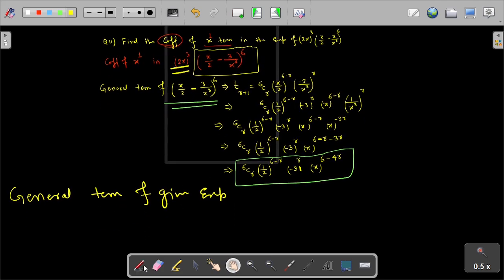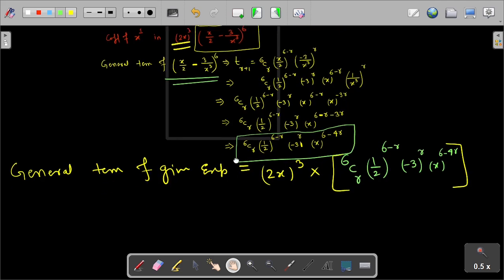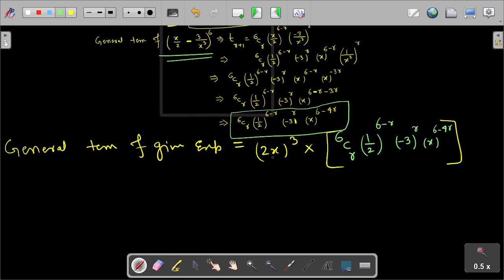So for the general term of this complete expression, you have to simply multiply this with the above general expression. It will get multiplied in each and every term. So the above expression is 6Cr (1/2) raised to power 6 minus r, (-3) raised to power r, and it is x raised to power 6 minus 4r, isn't it? Are you getting this? If you multiply this, it will get multiplied in each and every term. So I have multiplied in the general term also.